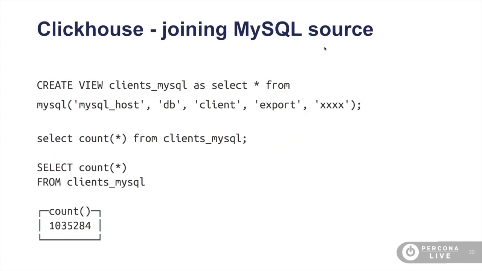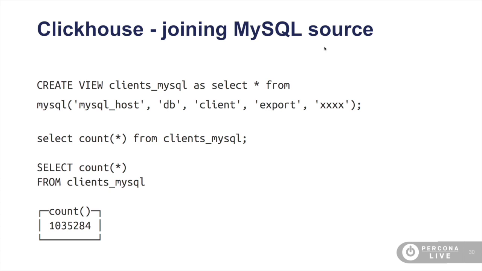Another thing about column store databases is that I really want to join my original source. In ClickHouse, I can do that natively. Another addition to my second query, the query that joins four tables, is that I want to exclude inactive clients. And this information is only stored in the clients table. So I want to join the clients table directly from MySQL.